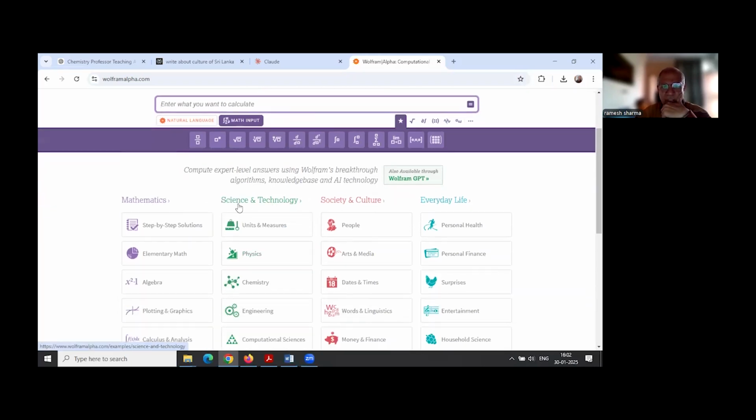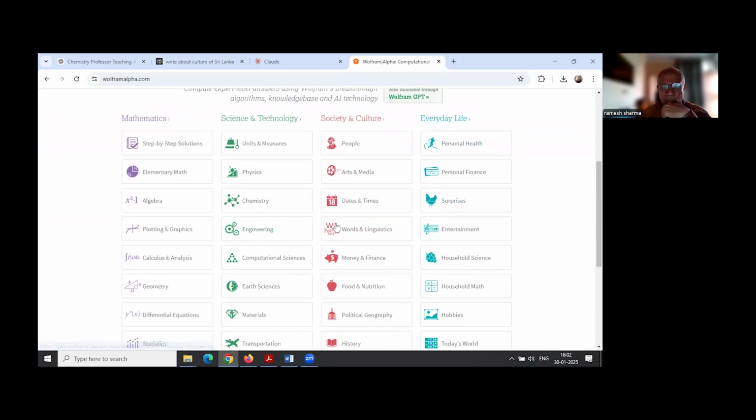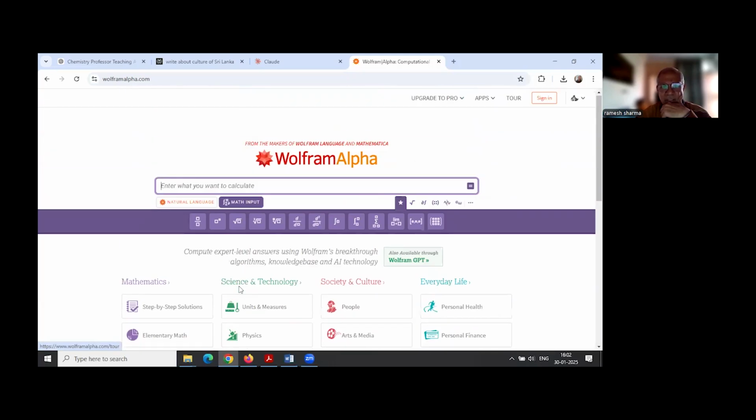And you can see here mathematics, science, technology, society, culture, everyday life. There are so many things you can discuss. The power which I like is its mathematical input. In Google or in others, it is a challenge to type a mathematical equation. But here you can type them as in mathematics we do.